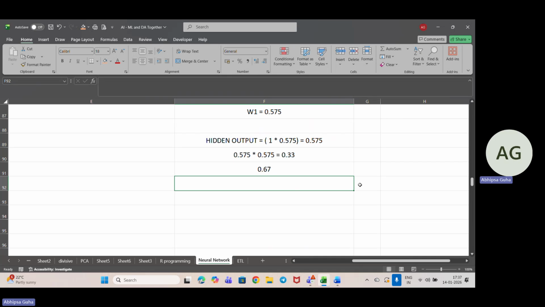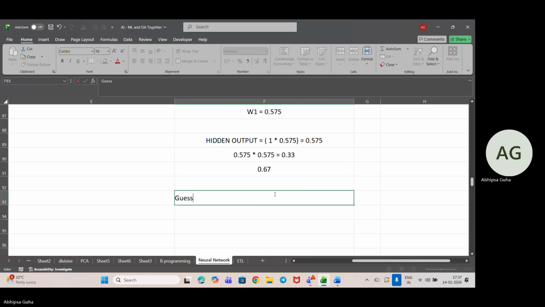My network has learned, but it needs to be repeated many times until I get the best result. So we have started with the guess. Next, we have gone with checking the error.